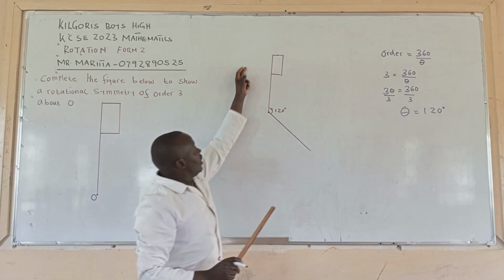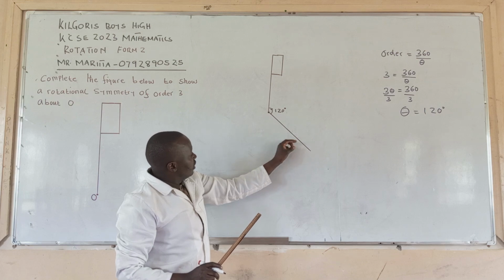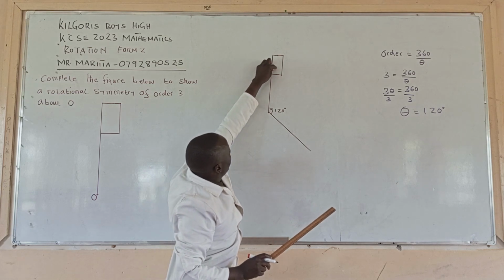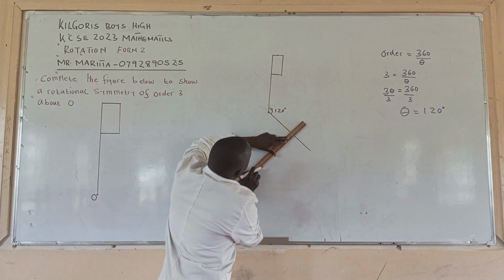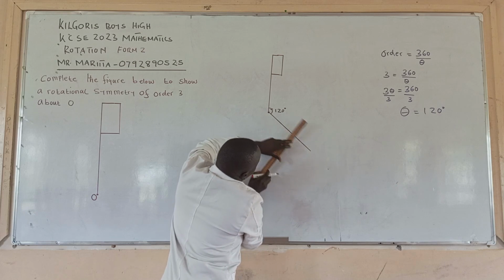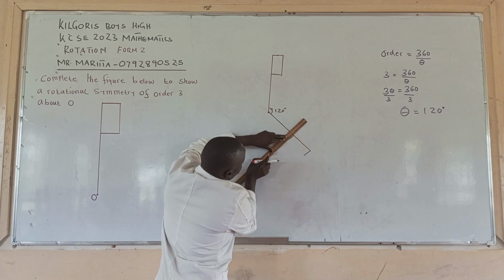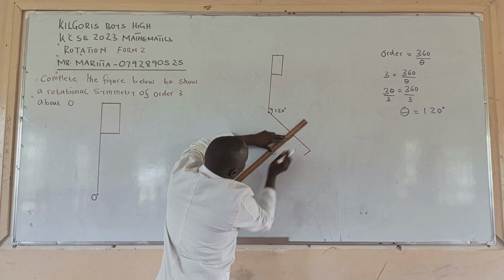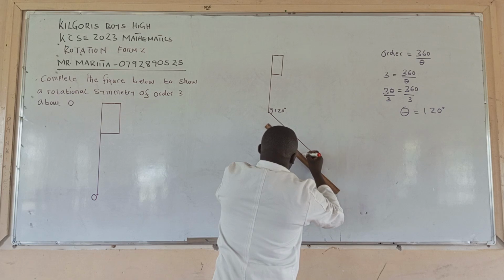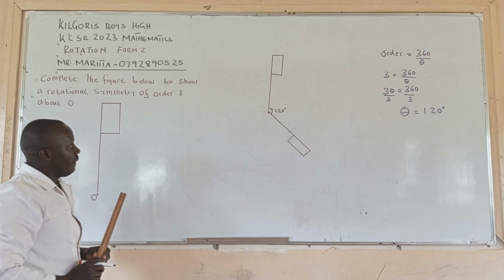If you rotate this figure, it will come to this side like that. It is not just about drawing the figure; you are supposed to know the shape. So it becomes like that.